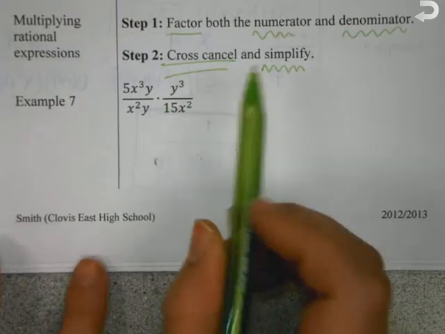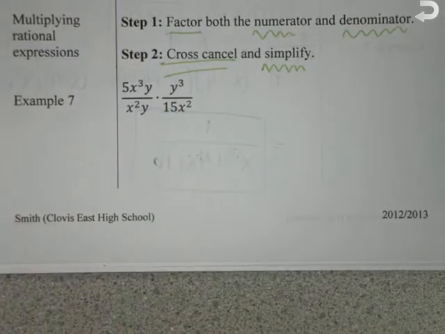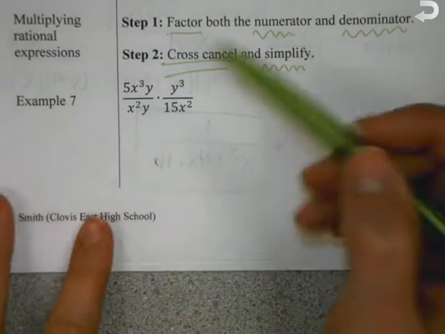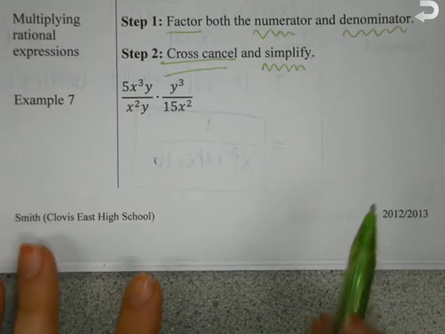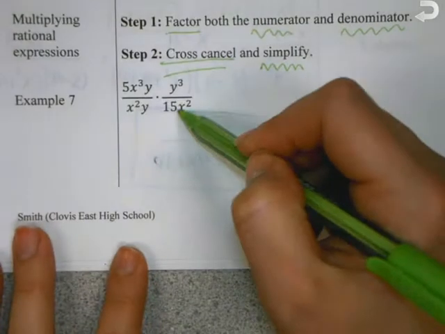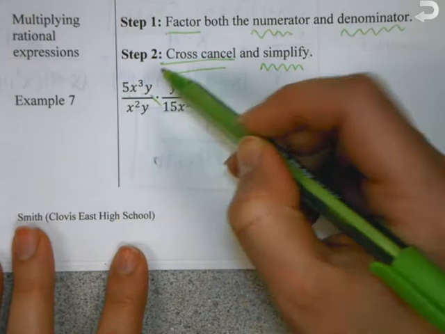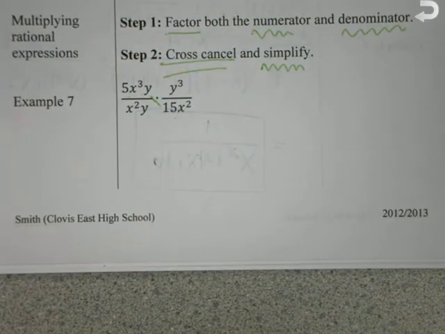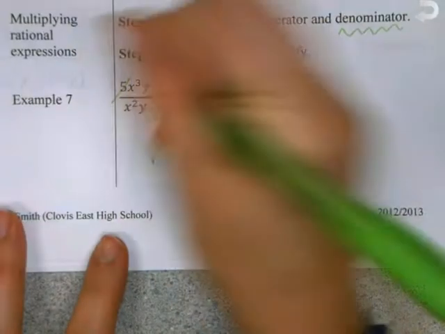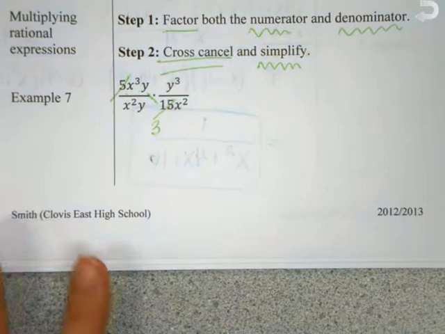Looking at 5x to the third y and 15x squared, what do you guys see that cancels or reduces? 5 and 15. 5 goes into 15 3 times. What else do you see? X's, yeah, I have x squared and x to the third, so that actually reduces to 1x.